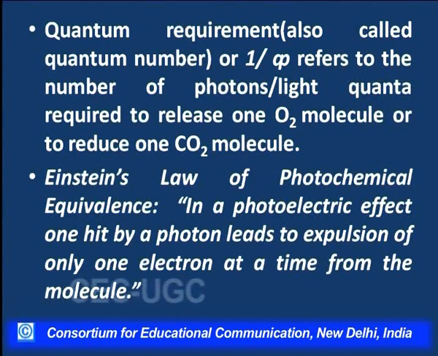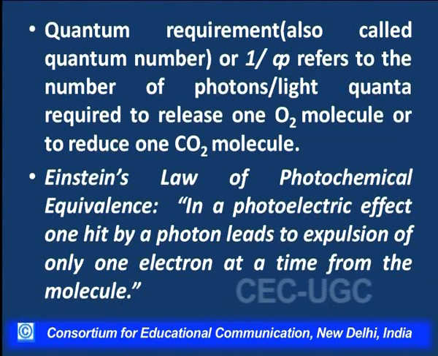It would mean the number of photons or light quanta which are required to release one molecule of oxygen or to reduce a CO2 molecule. So both these constants are frequently used, but we generally talk in terms of the quantum yield. And the quantum yield is the number of oxygen molecules which are released per light quantum.